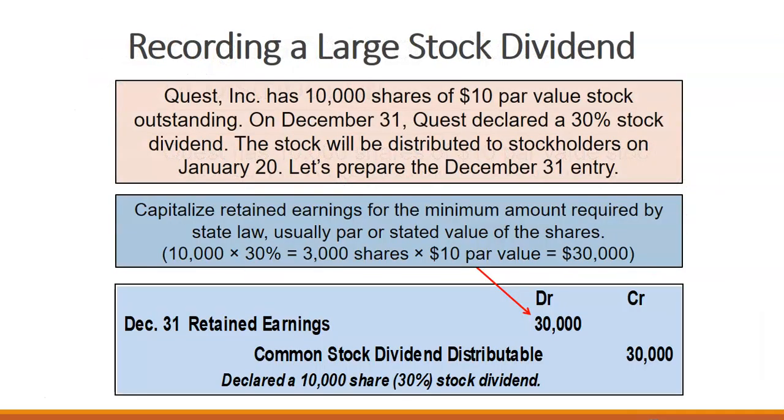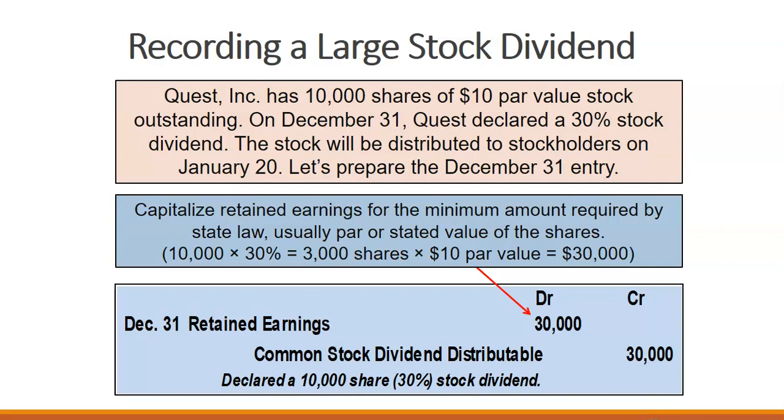For a large stock dividend, remember the large one is over 25%. Here we have a 30% stock dividend. So we're going to do 3,000 shares instead of 1,000. We record those at the par value.